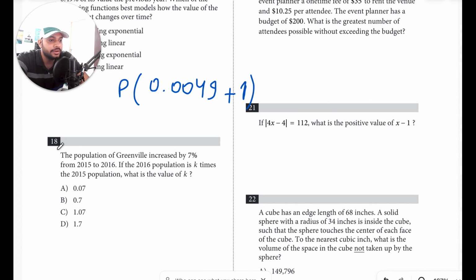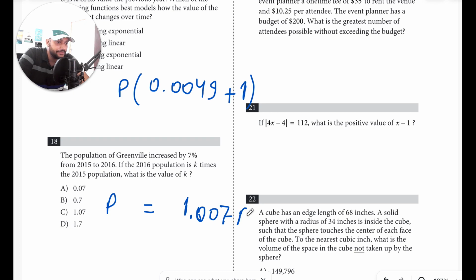The population of Greenville increased by 7% from 2015 to 2016. If the 2016 population is k times the 2015 population, what is the value of k? 7% increase. So in 2015, it was P. 2016, it's P plus 7% of P, or 1.07 P. Just a second, yeah.